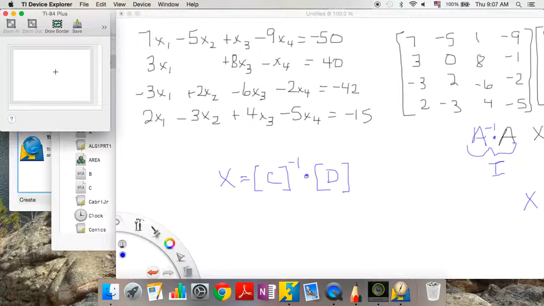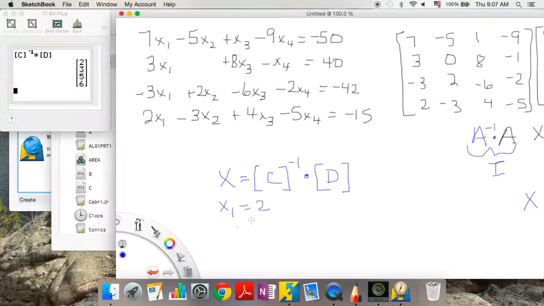So if I pull up matrix C, and then I want its inverse, and then times matrix D, then I'm going to get a new matrix here. And what this tells me is that x1 equals 2, x2 equals 3, x3 equals 5, and x4 equals 6.